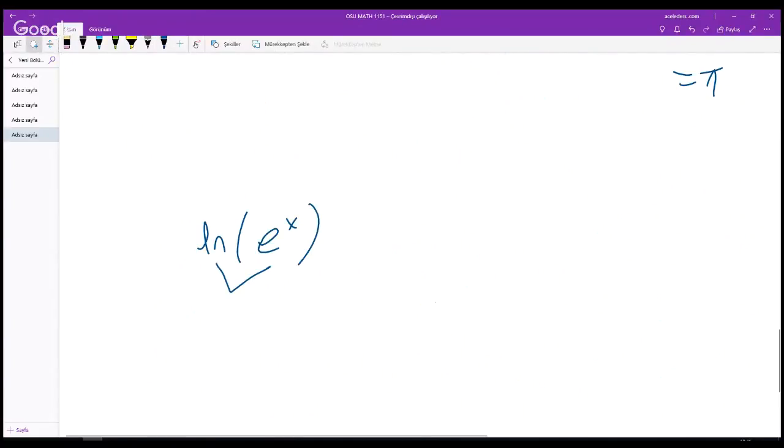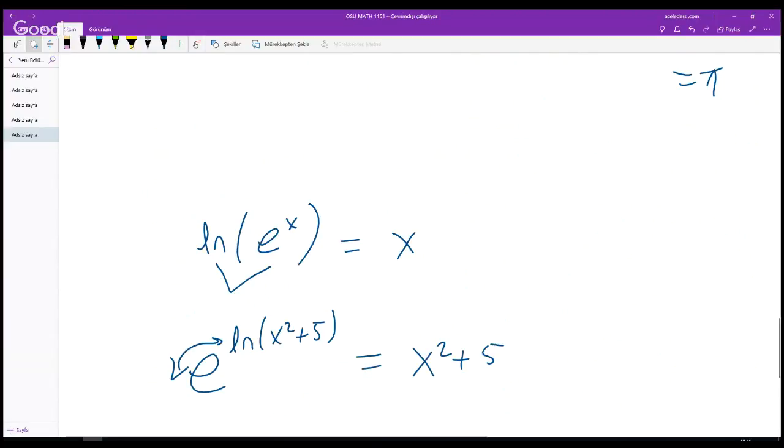These two functions are inverses of each other, so that is x exactly. For example, e to the power ln of x squared plus 5. They are inverse functions. They cancel each other, and the answer is x squared plus 5.